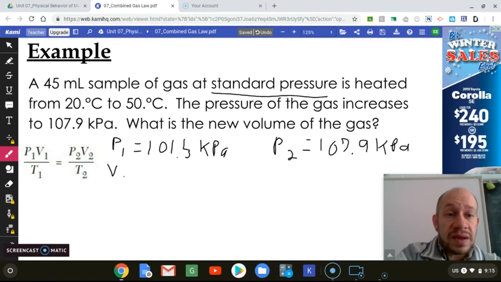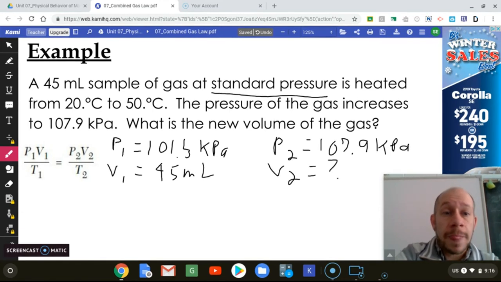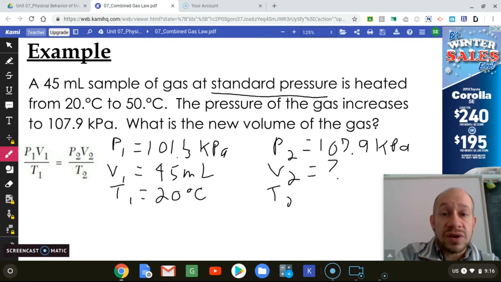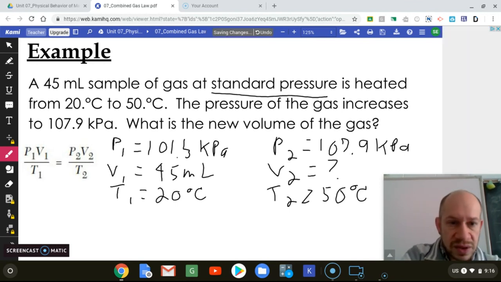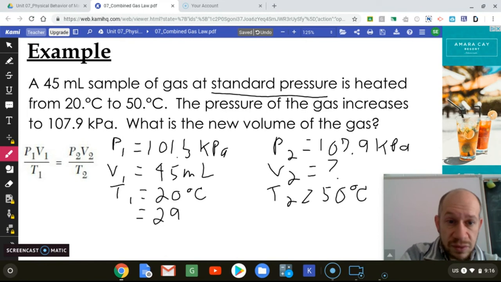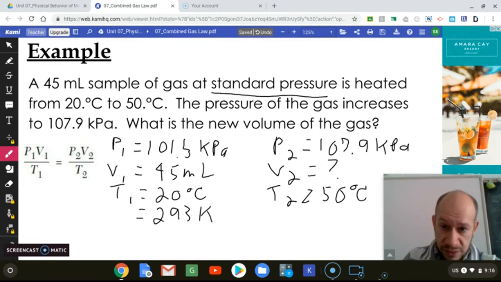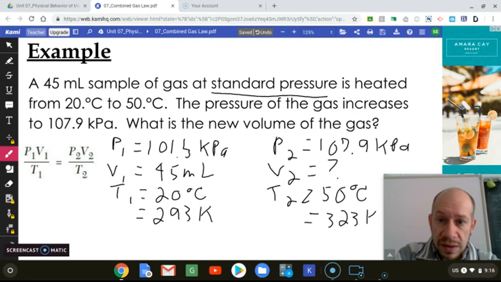My original volume is 45 milliliters, and my final volume is what I'm looking for. My beginning temperature is 20 degrees Celsius, and my final temperature is 50 degrees Celsius. Now recall, I need to put those both in Kelvin, so I'm just going to add 273. So that makes this 293 Kelvin, and then 50 plus 273 is equal to 323 Kelvin.